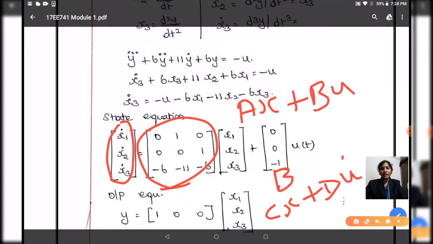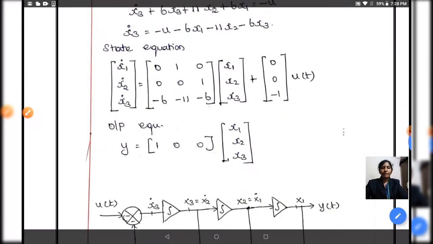Here the D matrix is going to be 0. Only the C matrix is going to be present, and moreover here we have only one output, so only the coefficient of x1 will be present. The other two elements are going to be 0. This is how we need to frame your state equation matrix and output equation matrix in case of the differential equation method.